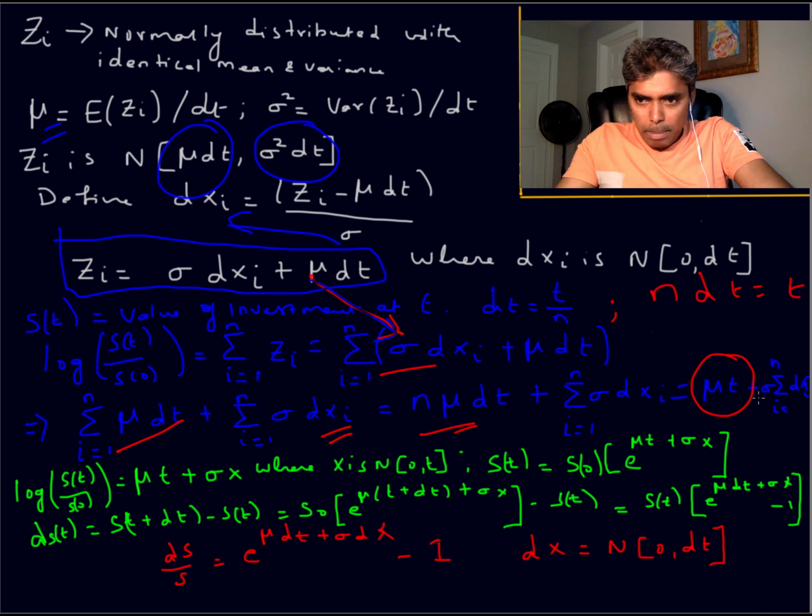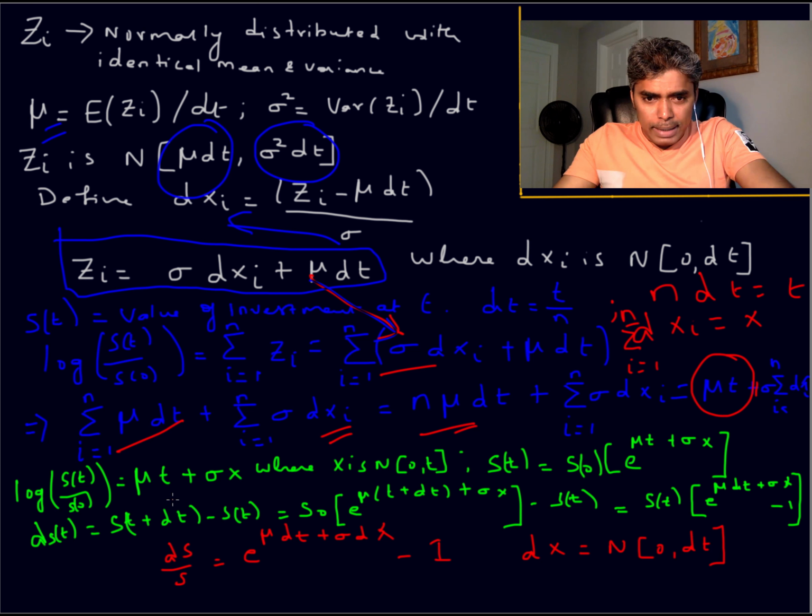So that is what I substituted here: mu t plus sigma times the summation of dxi. Again, sigma is a constant and it is outside the summation. So here I'm going to take the summation of dxi from i equal to 1 to n as x.